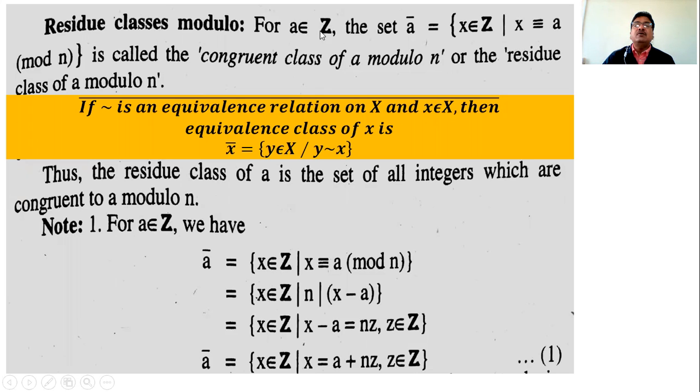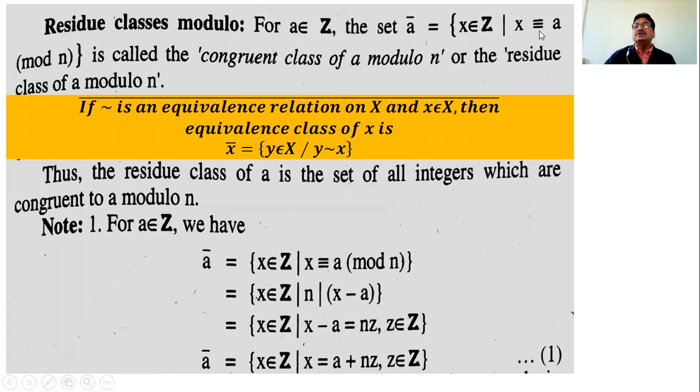So how many elements does Z contain? Z contains infinitely many elements. What is Z? Z is the set of elements 0, 1, -1, 2, -2, 3, -3, and all the remaining elements. So Z contains infinitely many elements, and therefore we have infinitely many equivalence classes under the equivalence relation.